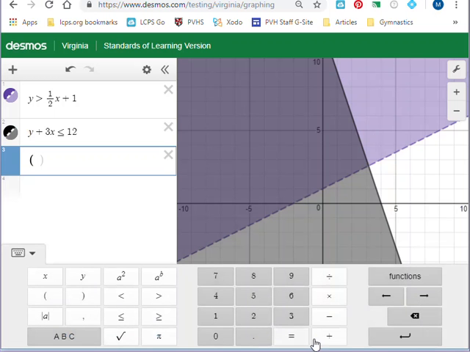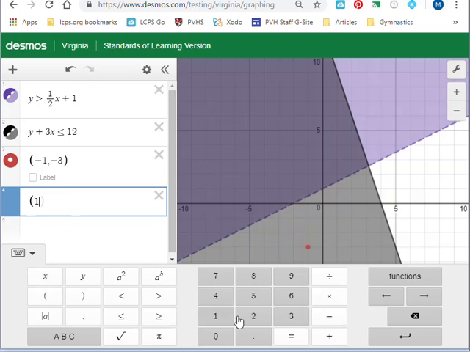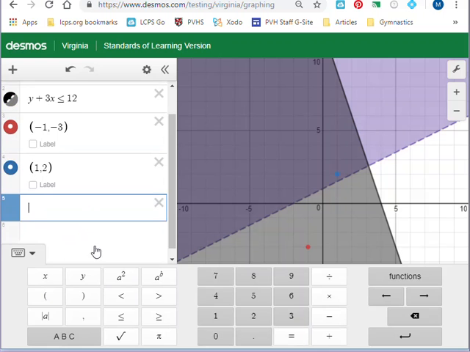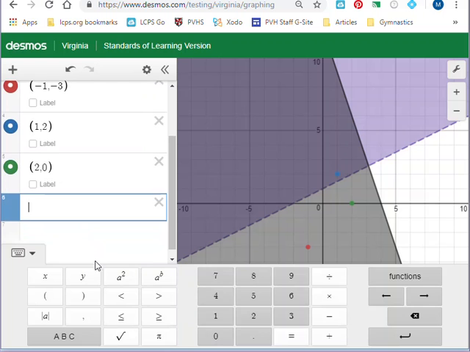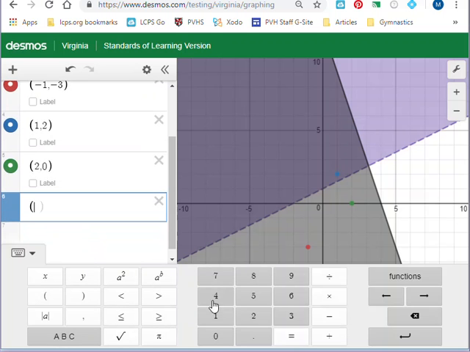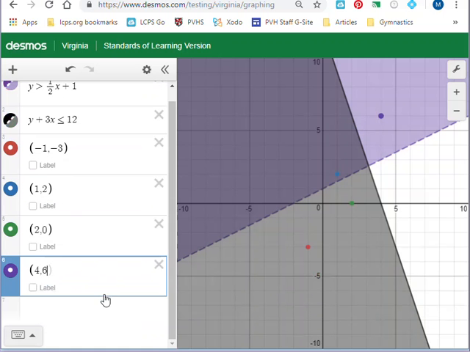We have (-1, -3), (1, 2), (2, 0), and (4, 6).